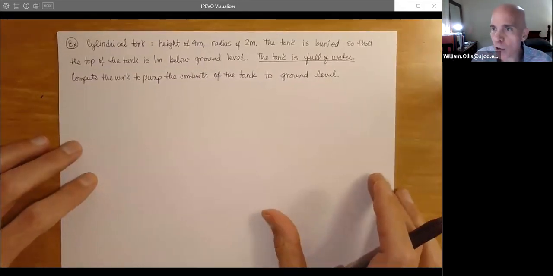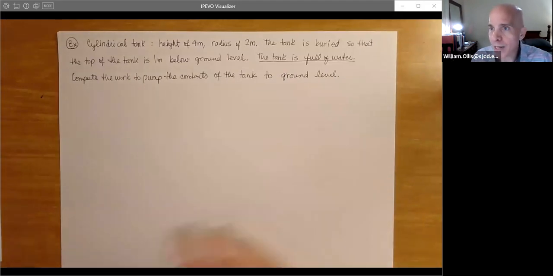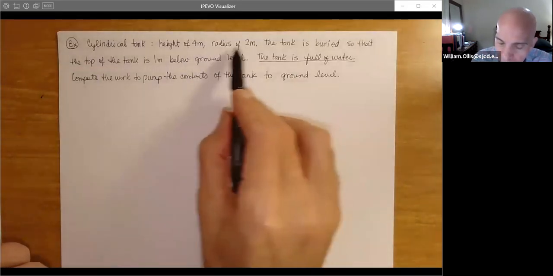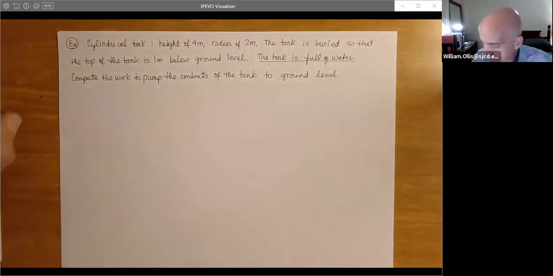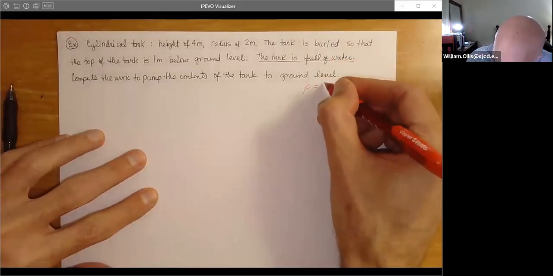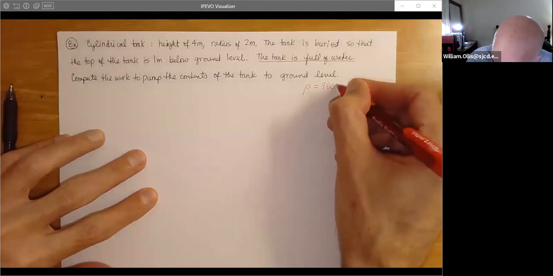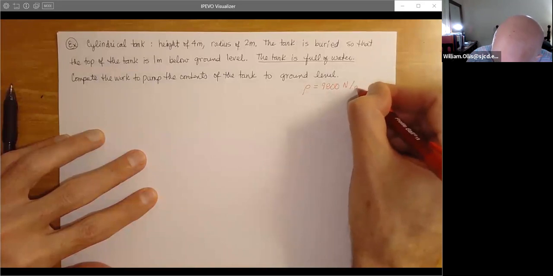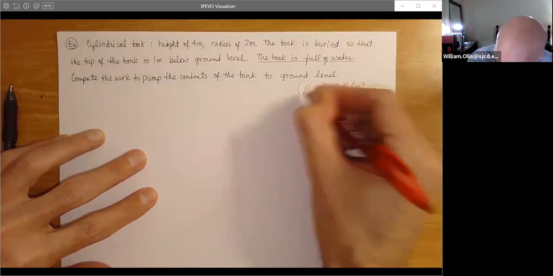Now, these are all standard questions that never seem to get old. It doesn't appear that the calculus will ever leave us. But when you think of this, we've got an MKS unit, and so in this case, rho is actually 9,800 newtons per cubic meter.